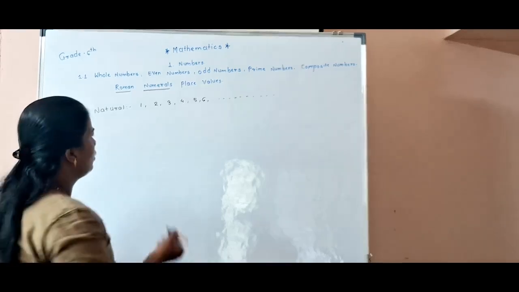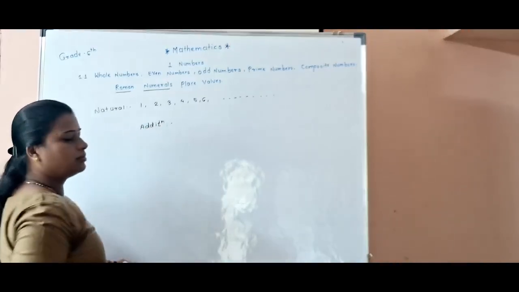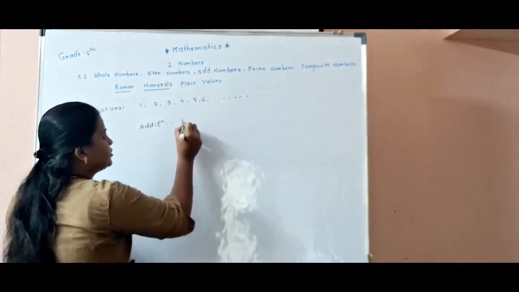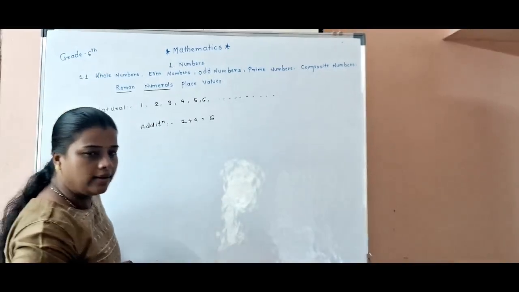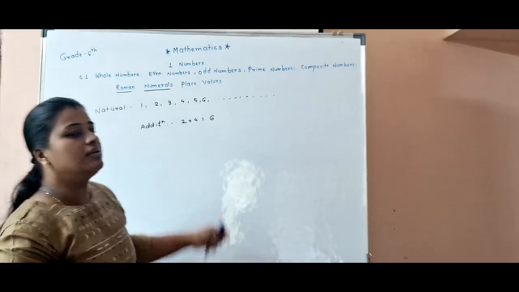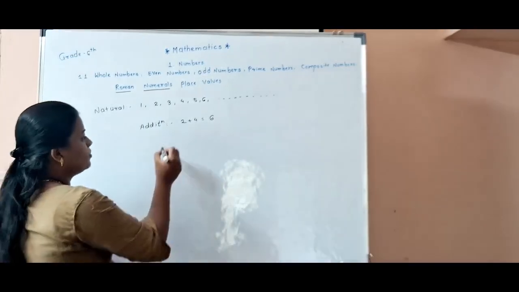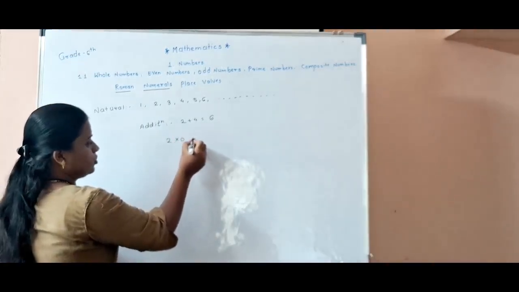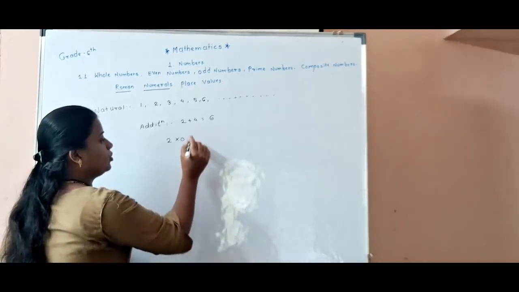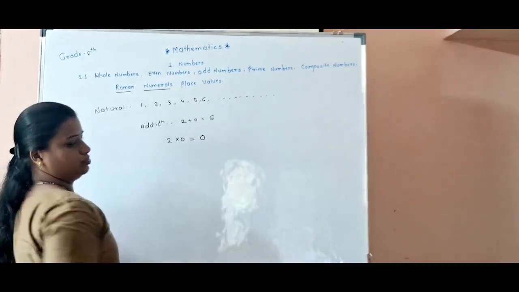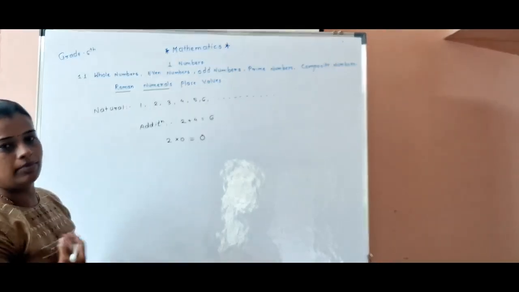When we add natural numbers, the answer will be a natural number only. If you multiply a natural number by 0, the answer will be 0. These few things you are supposed to remember.